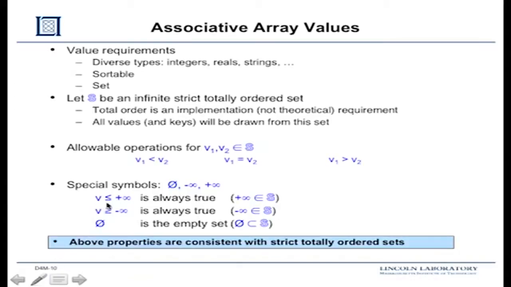So v less than or equal to plus infinity is always true, and plus infinity is an element, the maximal element, of this set. Greater than or equal to negative infinity is always true, and the empty set, like in all set theory, is a formal member of all sets.